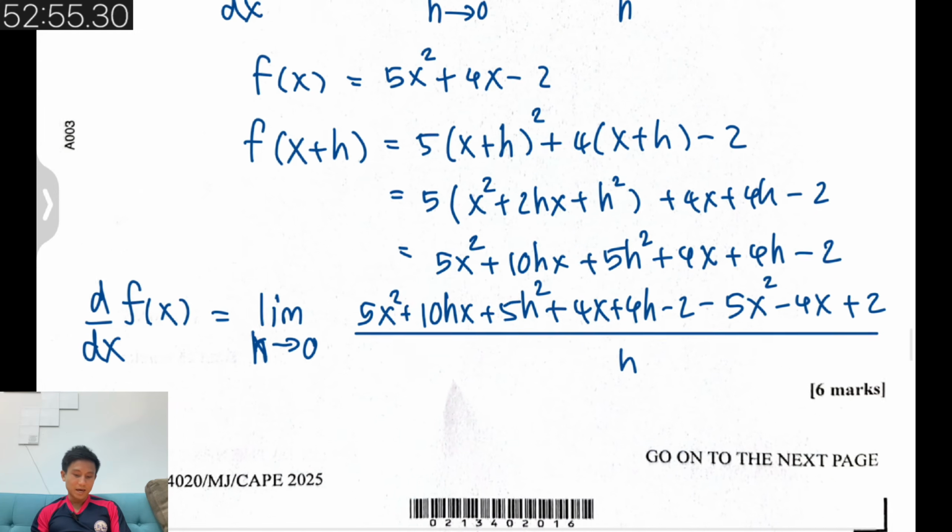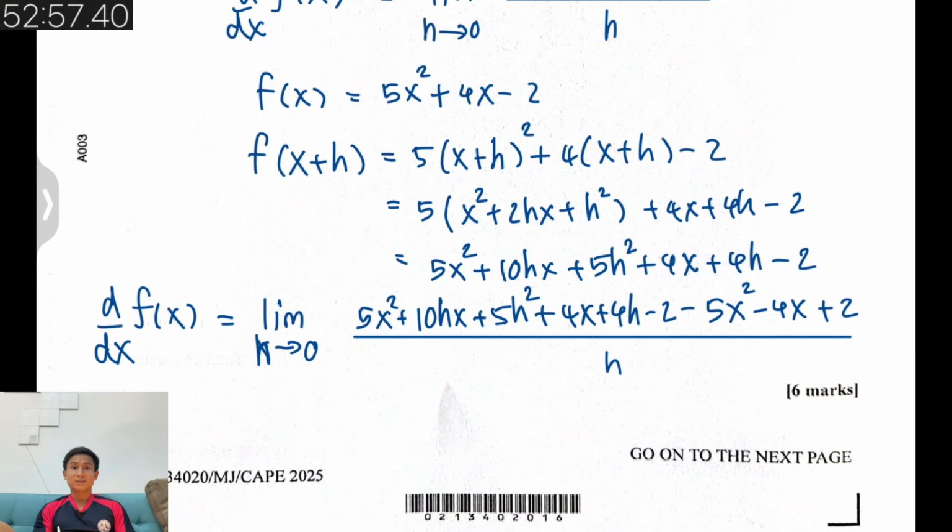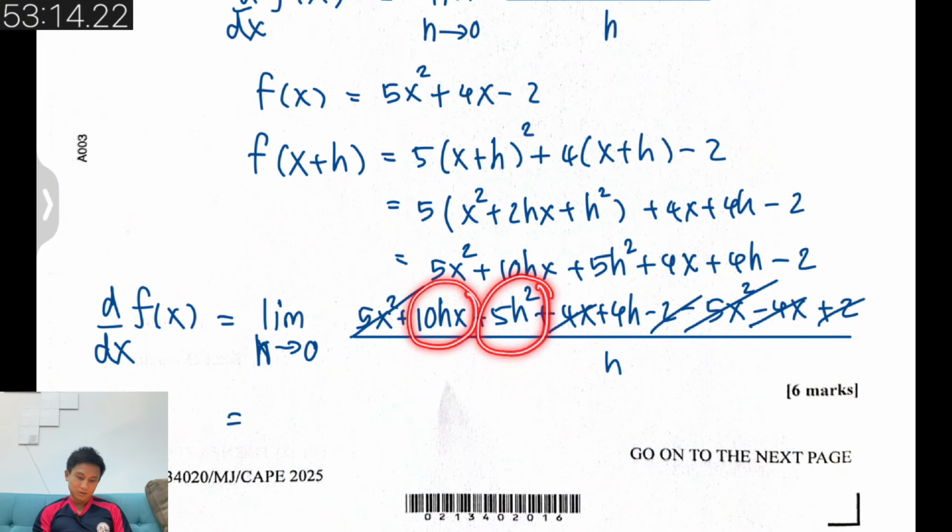Now before we put h to 0, we should try to simplify this first. So 5x squared cancels, 4x cancels, 2 cancels. We only have 10hx, 5h squared, and 4h. We can factorize h out.